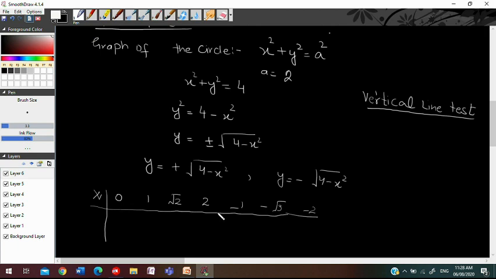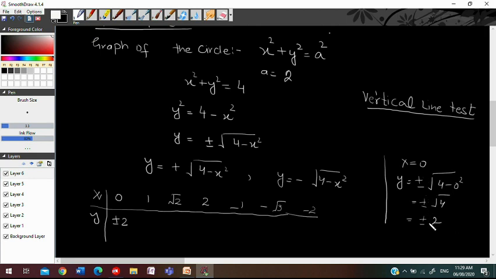Whenever we calculate the corresponding value of y for these values of x, when x is equal to 0, y is equal to plus minus under root 4 minus 0 square, which means plus minus under root 4, that is plus minus 2.